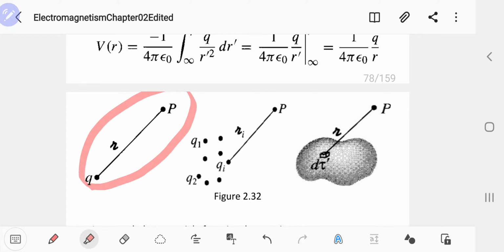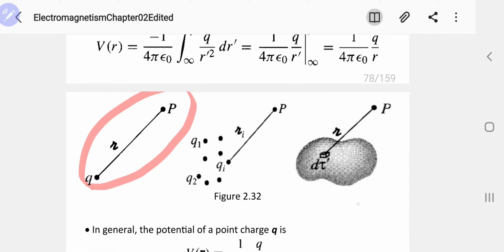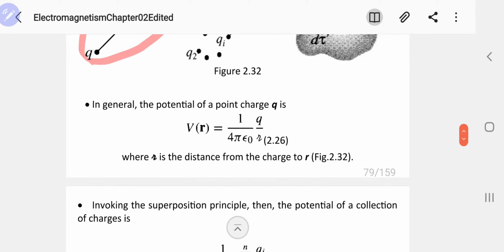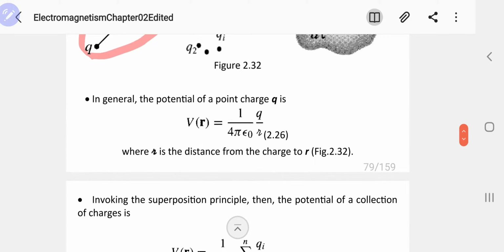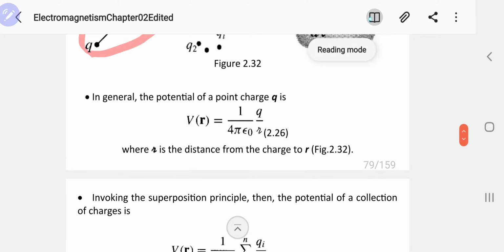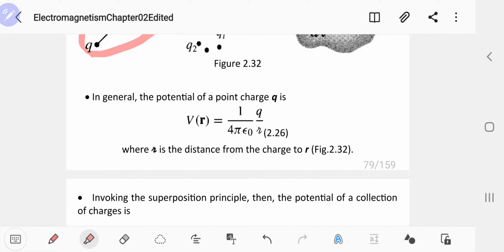But if we have many charges in the region, then we can impose the superposition principle.